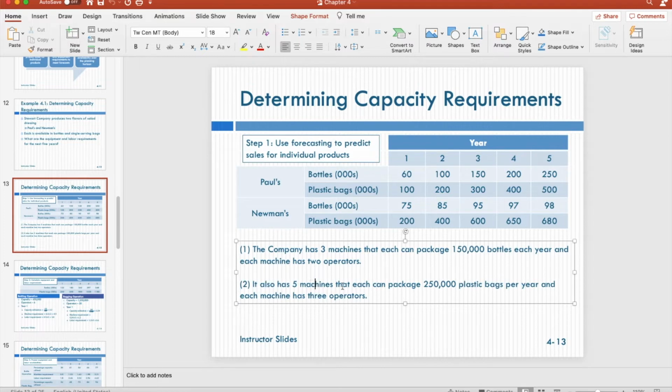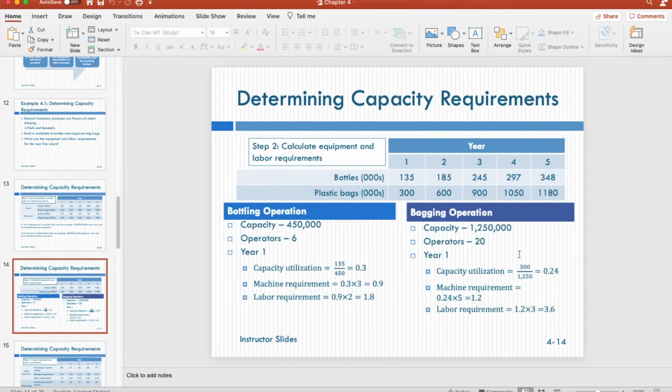So the capacity level for producing plastic bags, the maximum amount we can produce in each year, would be 5 times 250,000, which is 1,250,000.